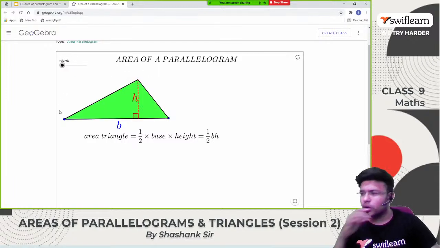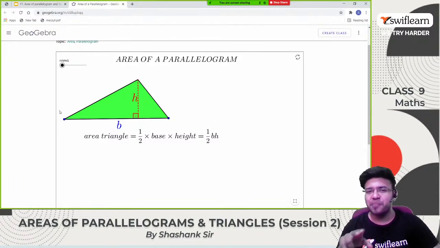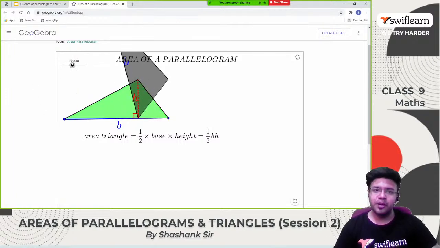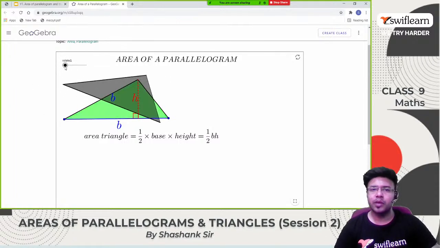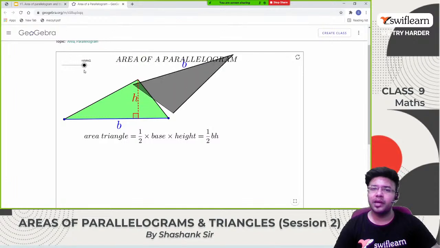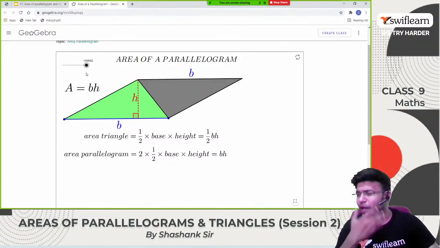Now, what is this? This is a triangle and the area of this triangle is given by half base into height. Now take a same area triangle and flip it like this. See, I have taken the same triangle and I am flipping it like this. Now what do we have? We have a parallelogram.